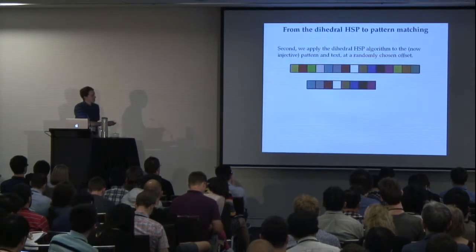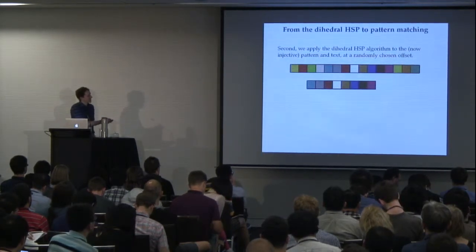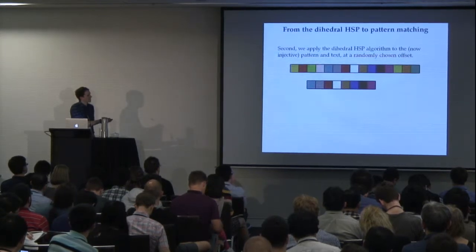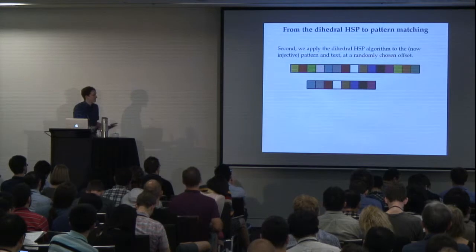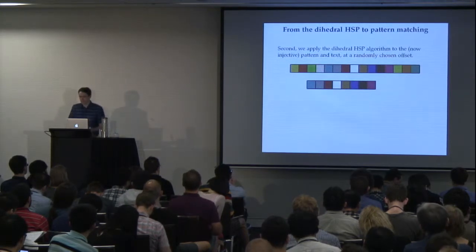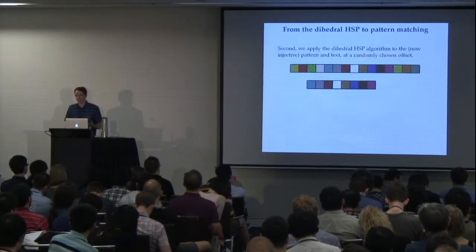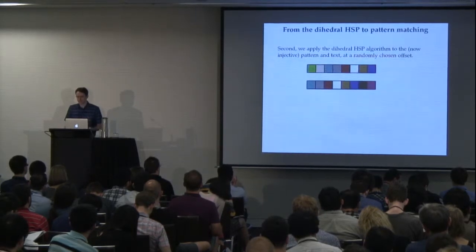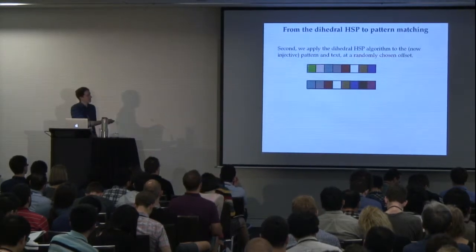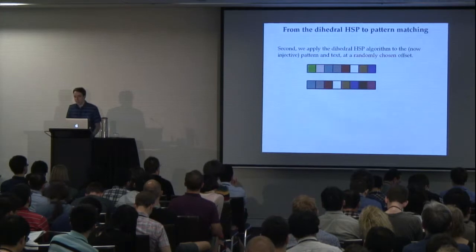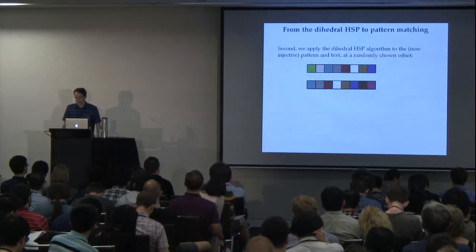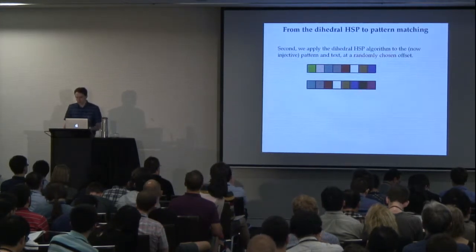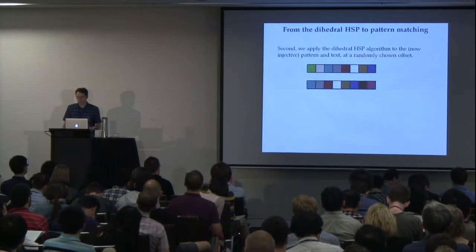So, for example, if we're trying to find this pattern in this text here, we might just randomly pick this position as a sort of test case to see if the pattern matches the text there. And we're going to apply the dihedral hidden subgroup problem algorithm to the substring of the text at that position and the pattern. Okay, so what happens when we do this?